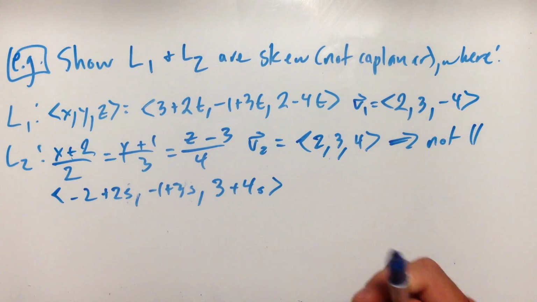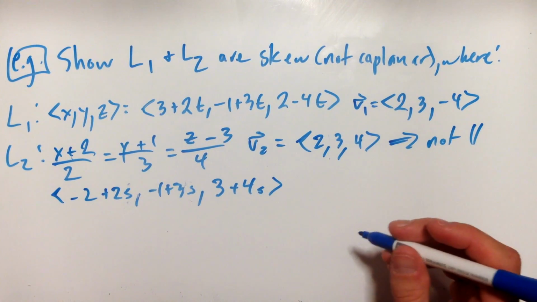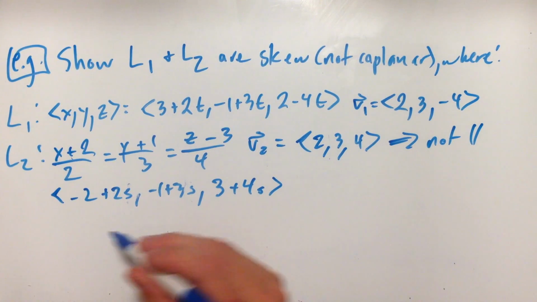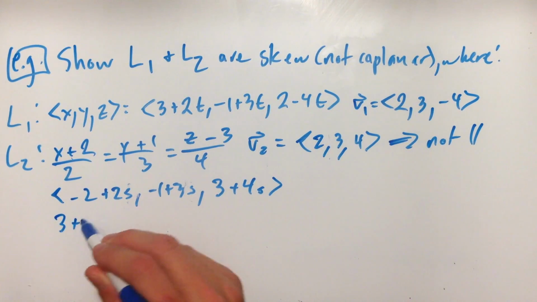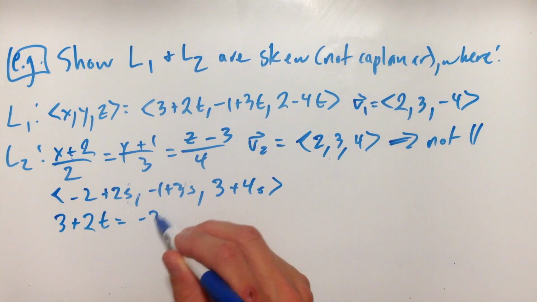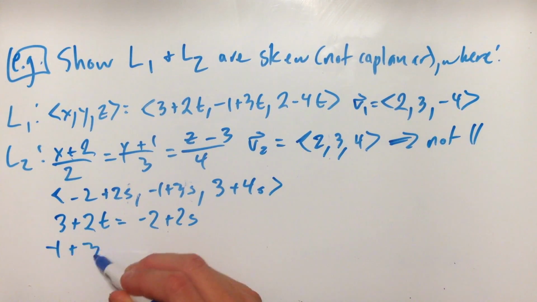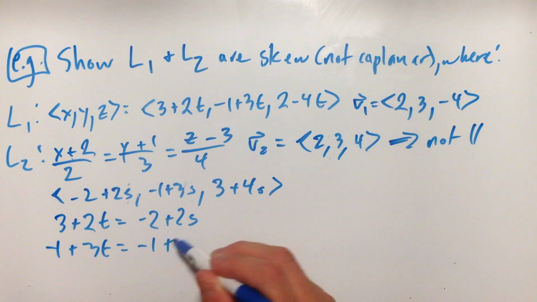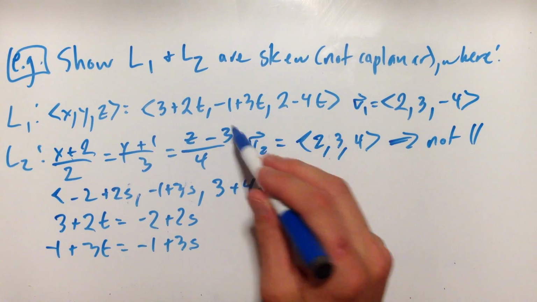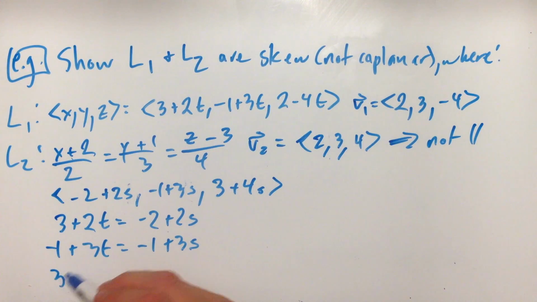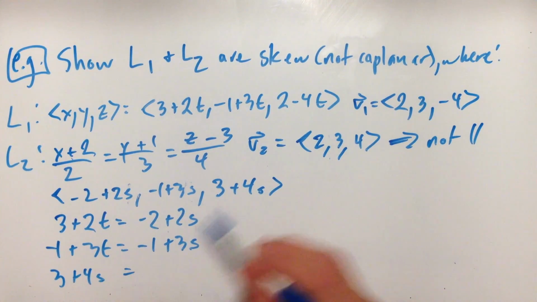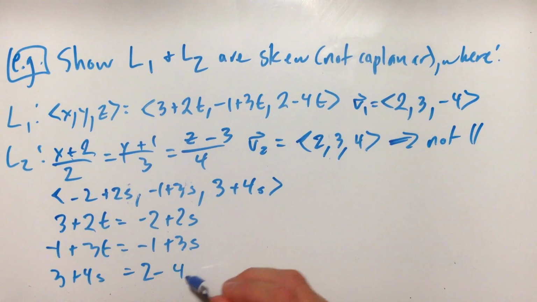So what we have to do then is set up a system of equations. So what we end up with is 3 plus 2t is equal to negative 2 plus 2s. Negative 1 plus 3t is equal to negative 1 plus 3s. And then 3 plus 4s is equal to 2 minus 4t.